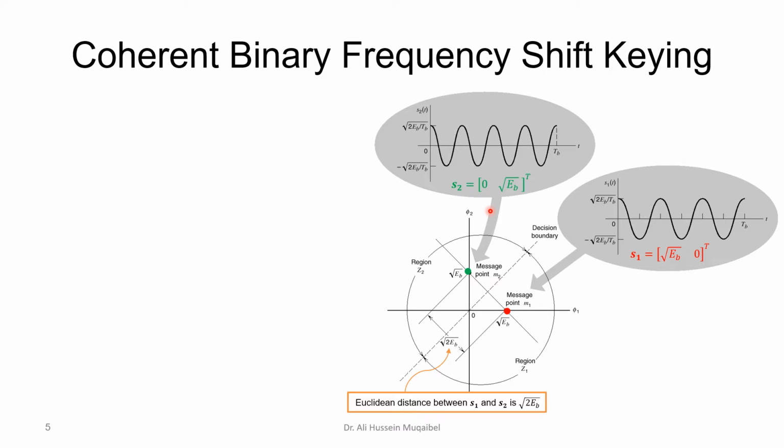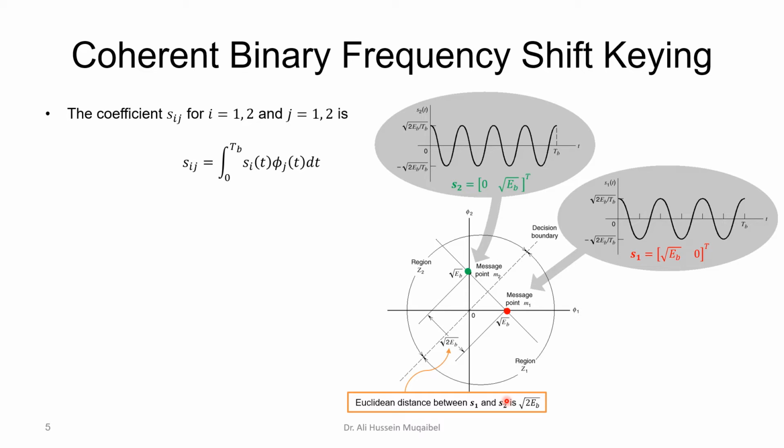What's important to find the probability of error is the distance between the two. This is not like binary phase shift keying, where we have two points on the same axis. The distance here, using geometry, will be just square root of 2Eb. The coefficients for the two signals are 1 and 2.